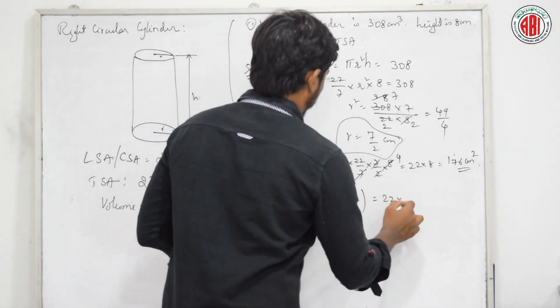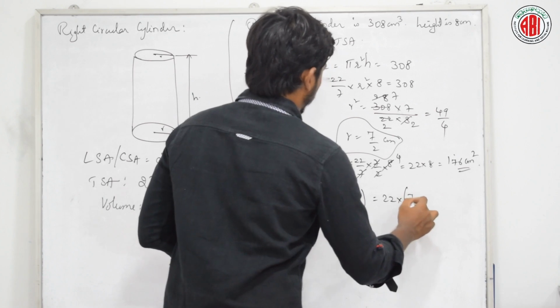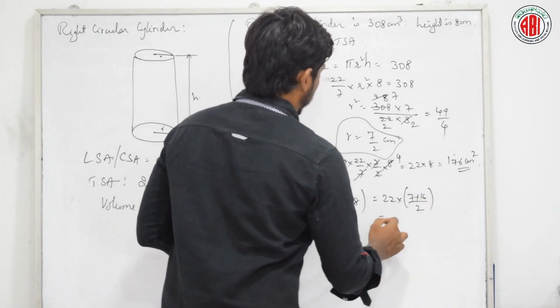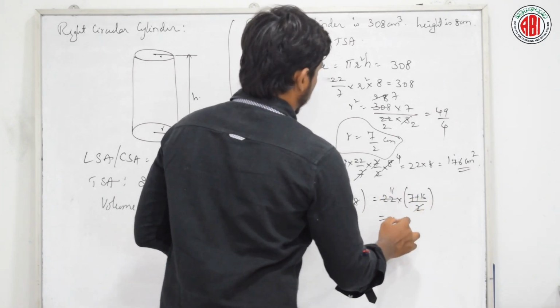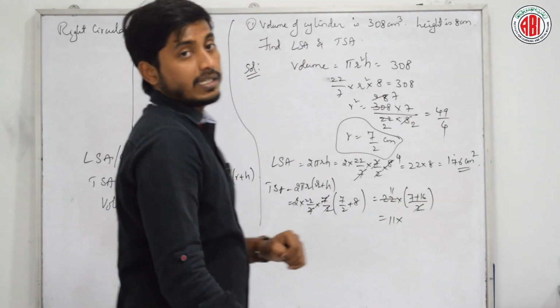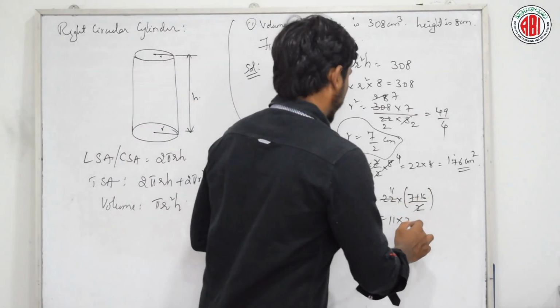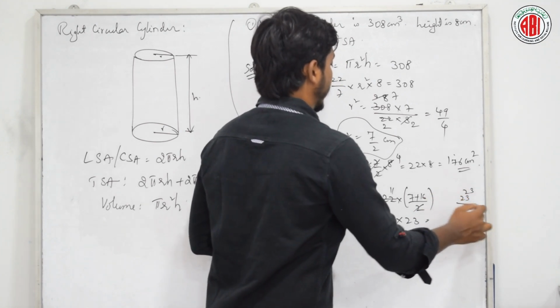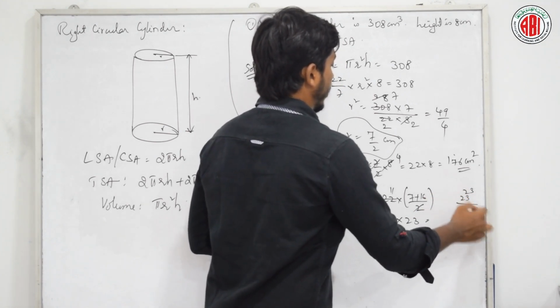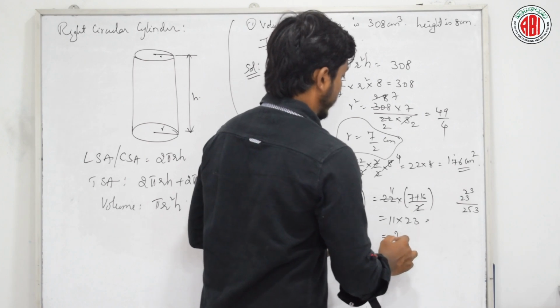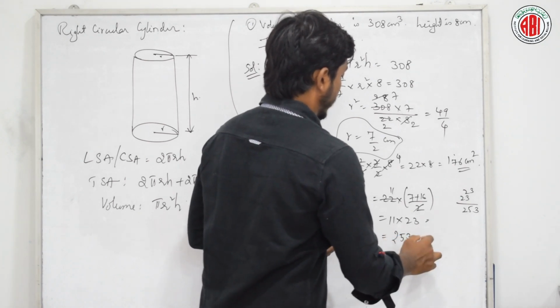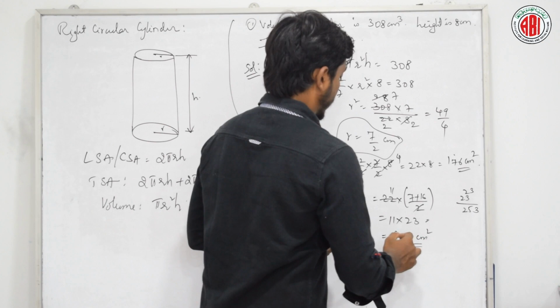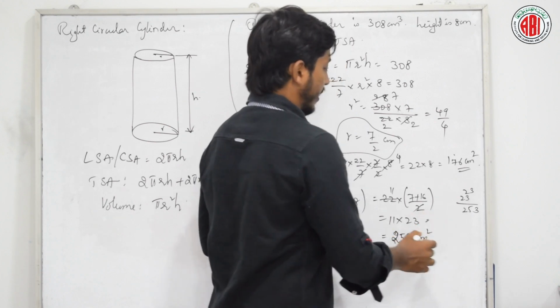Therefore, it is 22 into LCM is 2, 7 plus 16. 2 1s are 2, 11 into 16 plus 7. How much is it? 23. 11 into 23. Answer is 253 centimeter square. Is it clear?